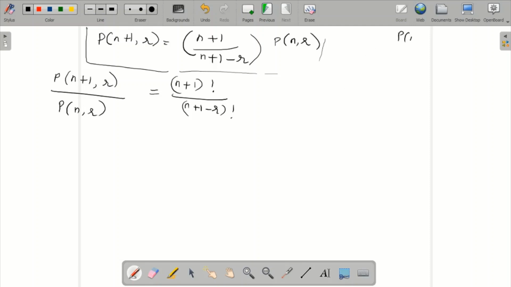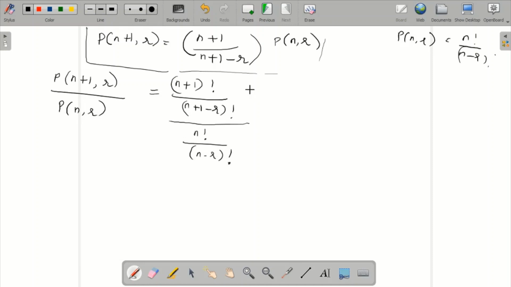You know that the P(n, r) formula is n factorial divided by (n-r) factorial. Since here instead of n we have n+1, it is (n+1) whole factorial divided by (n+1-r) factorial. This whole is divided by P(n, r). What is P(n, r)? It is nothing but n factorial divided by (n-r) factorial.